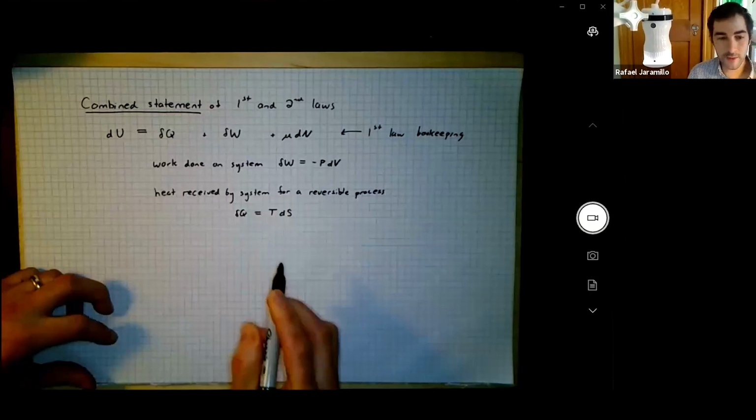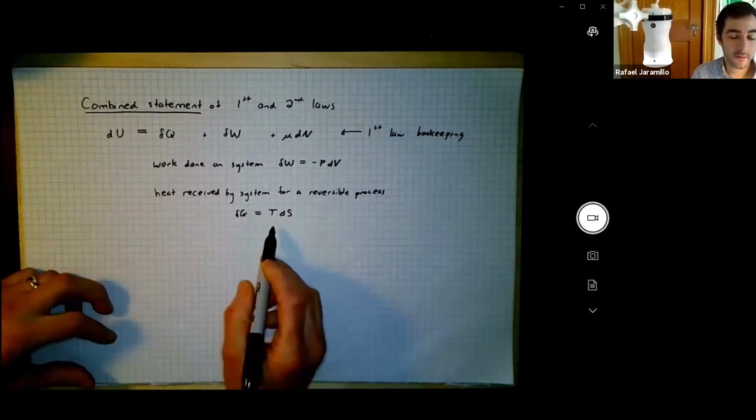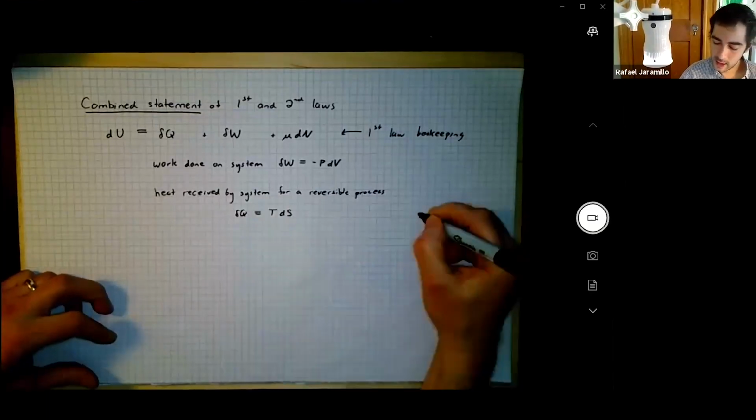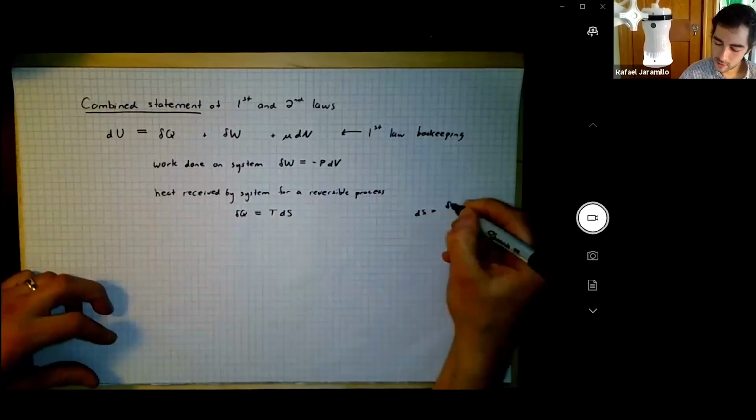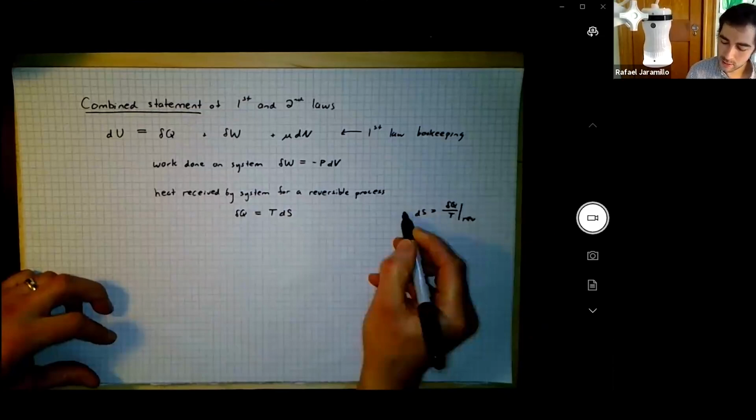This comes from 2 slides ago, right? We had dS equals dQ over T for reversible heating. So I'm just rearranging.